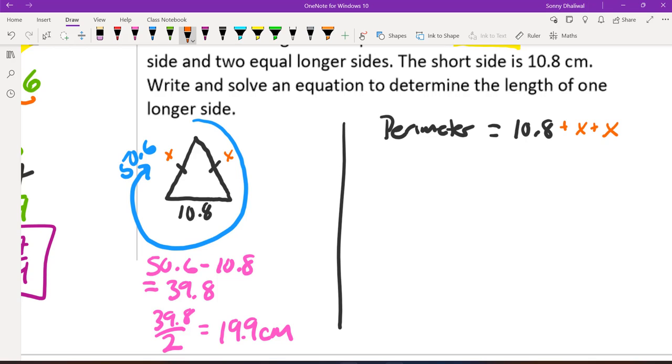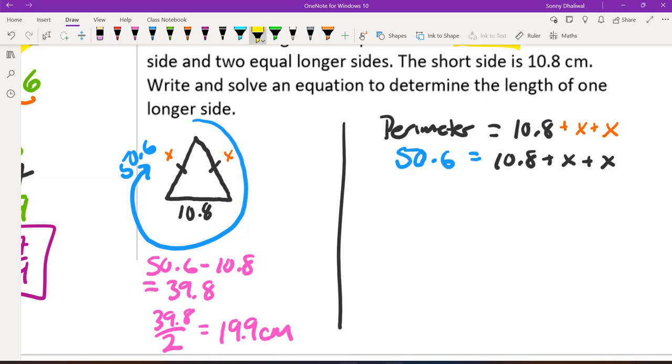Okay. So now we need to find out what the value of x is. They told us the perimeter is 50.6, and we have 10.8 plus x plus x. Okay. So we need to solve this. We have two x's here, right? So we need to group those x's together.